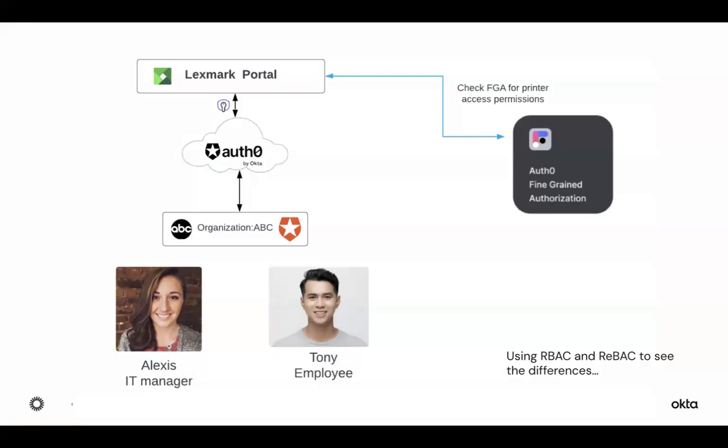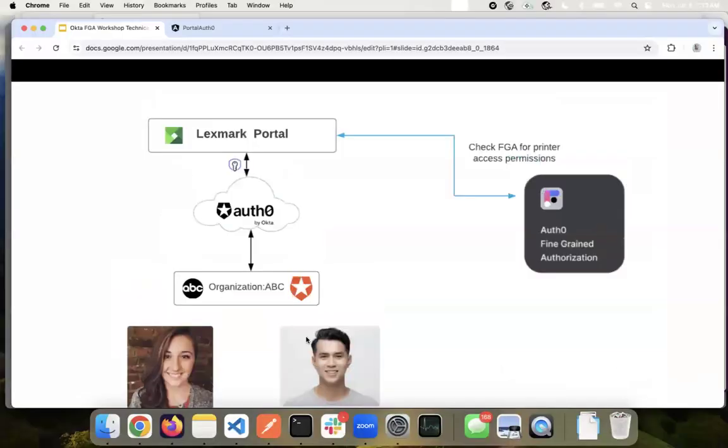So we're going to log in with two personas. We have Alexis as an IT manager, and also we have Tony. He's just an employee, and we're going to see how the authorization from the IDP works and the authorization from FGA works. I'm mixing both in the same demo so you can see the difference between the two. So let's jump to the demo right now.